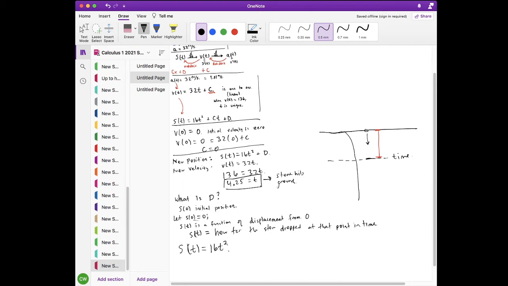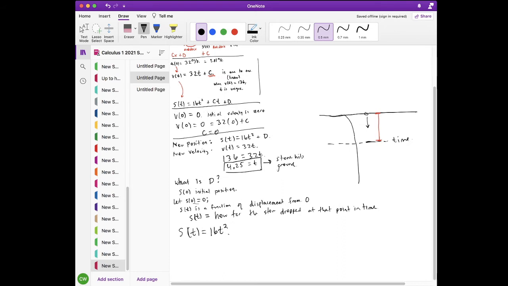So it's kind of like normalizing our starting place. Then the answer is plug in 4.25. Right, 4.25 was when the stone hits the ground. And so whatever that answer is, that's the height of the cliff.